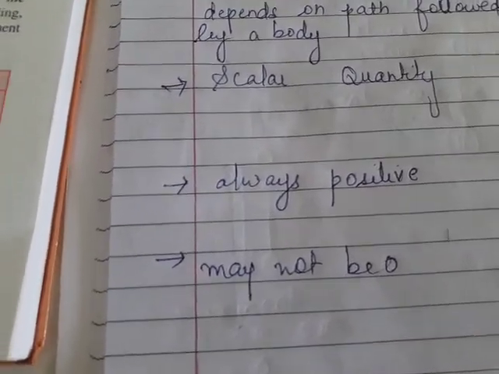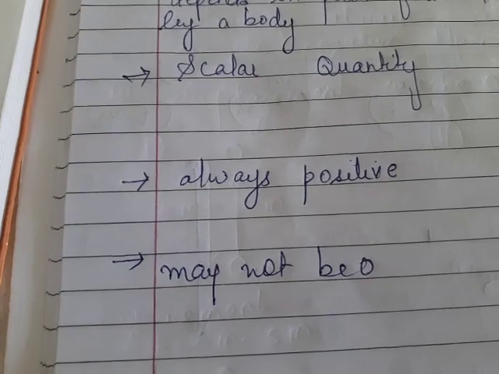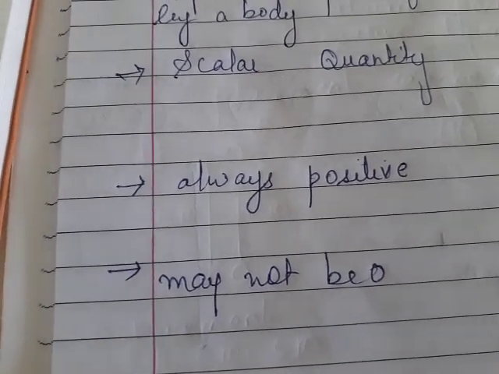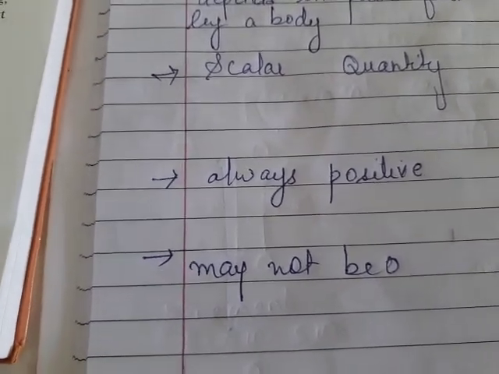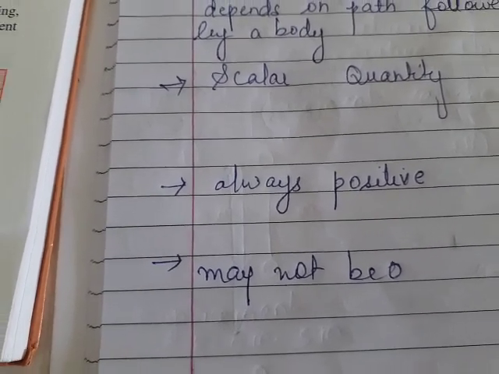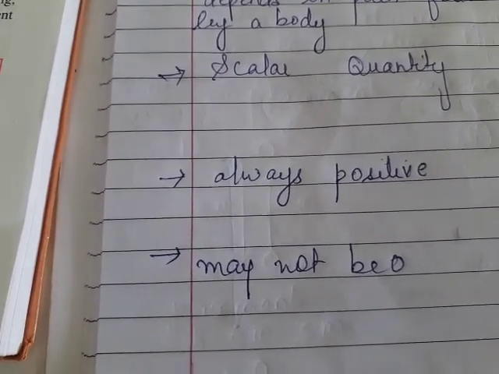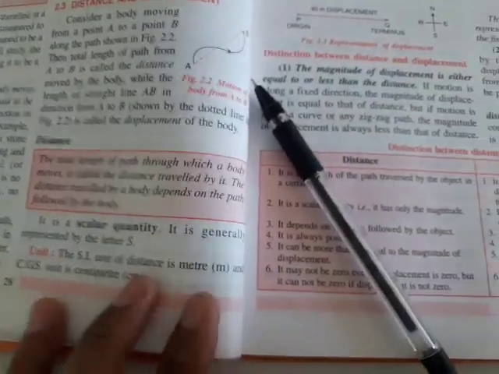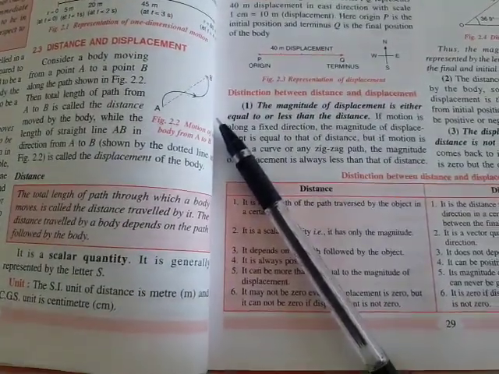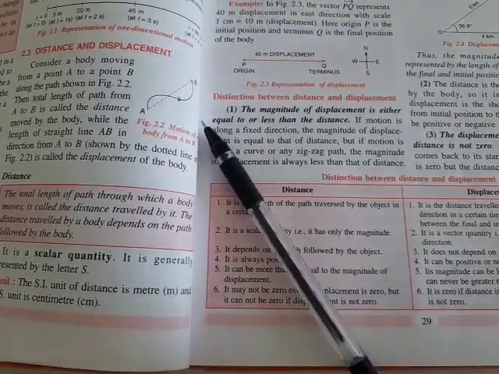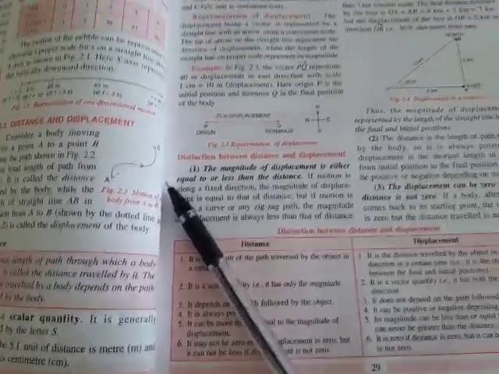A few more extra things I have written. Distance is always positive, and distance cannot be 0. So these are some things about distance. You have learnt about distance before also in maths, when you were dealing with the numericals of speed. So this is about distance.